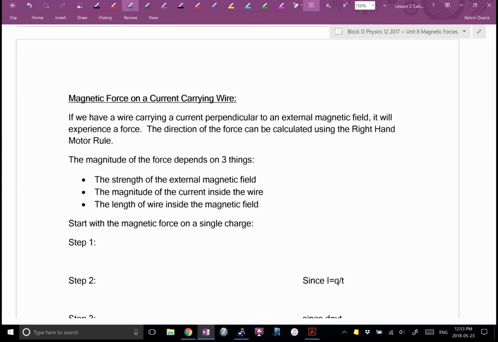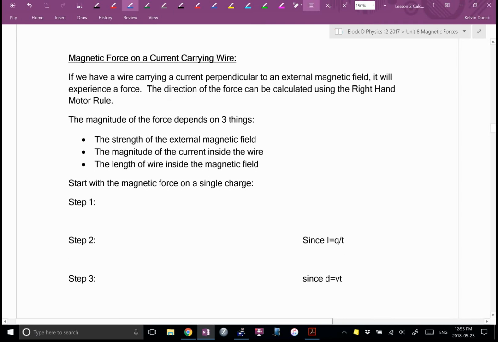It depends on three things: the strength of the magnetic field, the magnitude of the current, and the length of the wire inside the field. And we can derive it by starting with our equation for a single charge. Now, I want to somehow bring current into this.